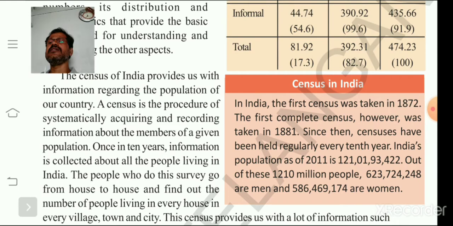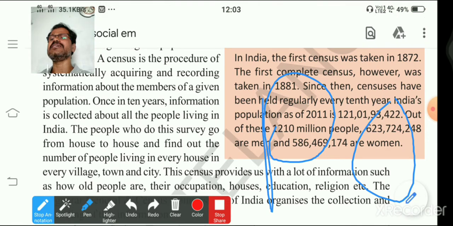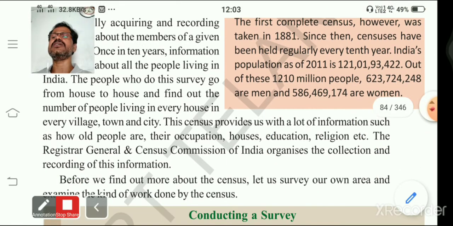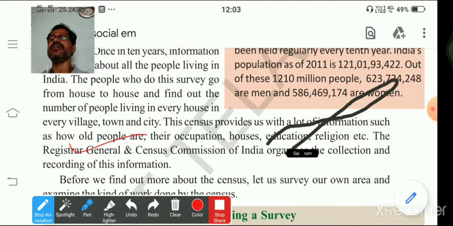Understand? And this census is calculated and recorded systematically by one special department called the Registrar General and Census Commission of India.